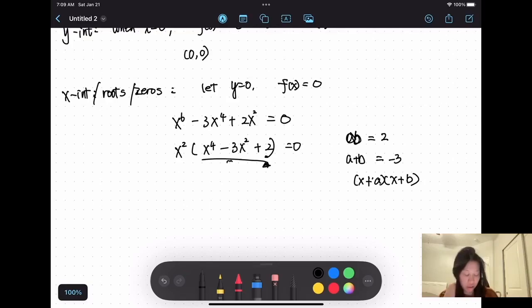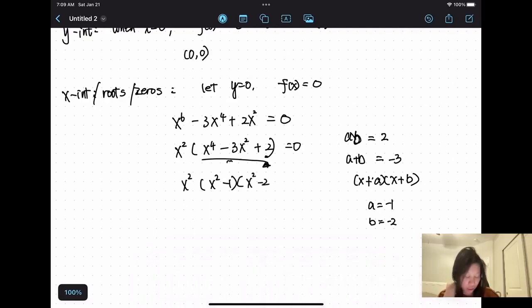Okay, so now let's take a look. What two numbers have a times b equal to 2 and a plus b equal to negative 3? Well, maybe a equals negative 1 and b equals negative 2. Let's check it out. A times b, negative 1 times negative 2, equals positive 2, and a plus b, which is negative 1 plus negative 2, equals negative 3. So that means our function can be factored into x squared times (x squared minus 1) times (x squared minus 2) equal to 0.